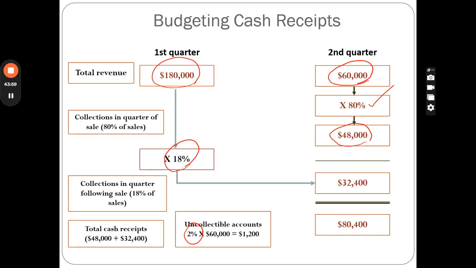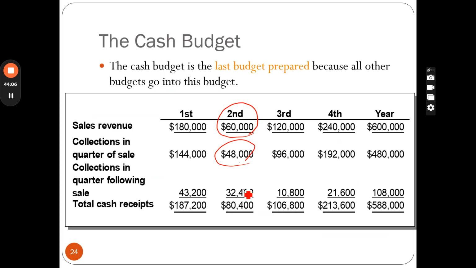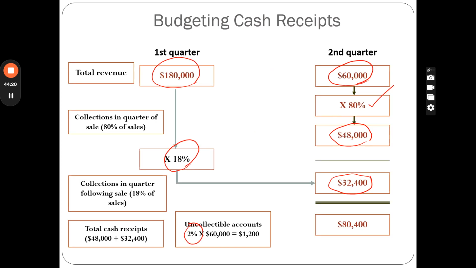So 18% of 180,000 you will collect in the second quarter, but this amount is coming from the previous quarter. So total collection is going to be 80,400. So this way you will calculate how much you are going to collect.